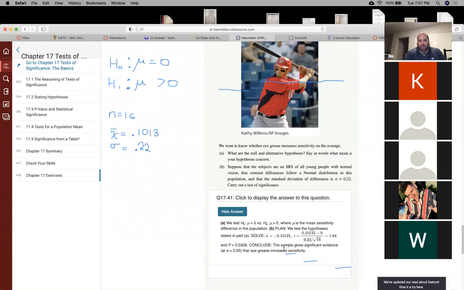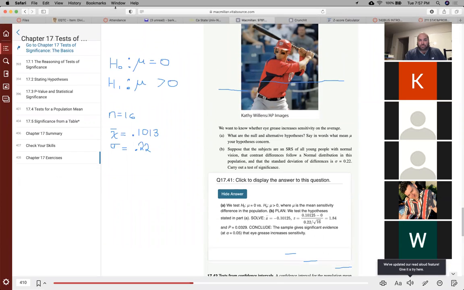Conclude. The sample gives significant evidence at alpha equals 0.05 that... now, the one thing you want to throw in is you want to make sure at the end of the problem, when you actually do talk about your conclusion, that you do so in the context of the problem. The problem is about eye grease affecting sensitivity. So you don't just answer, oh, we reject the null hypothesis.